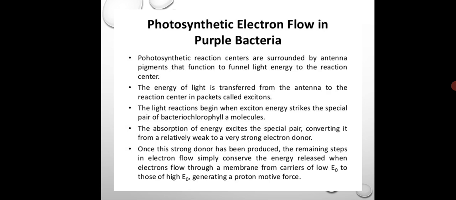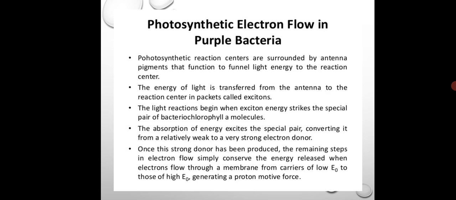They capture the light and transfer it to the reaction center. So same is the case in anoxygenic, like oxygenic mechanism. In this also, reaction centers are surrounded by the antenna pigment, so that antenna can capture the light and give it to the reaction center.